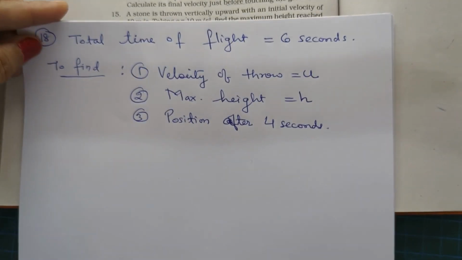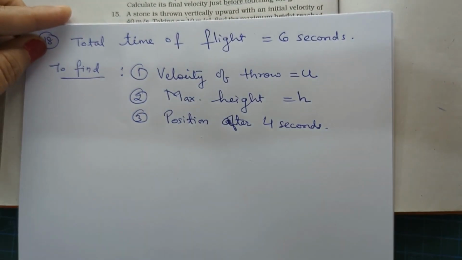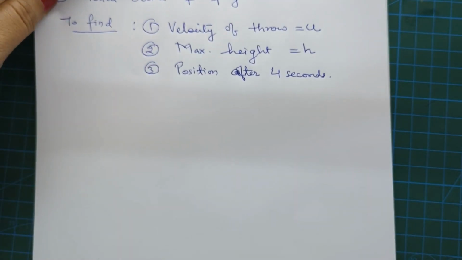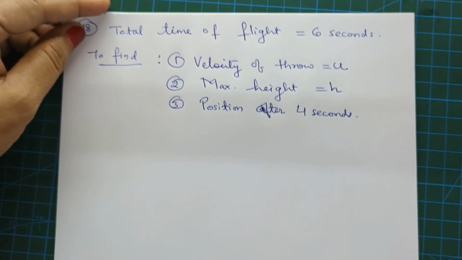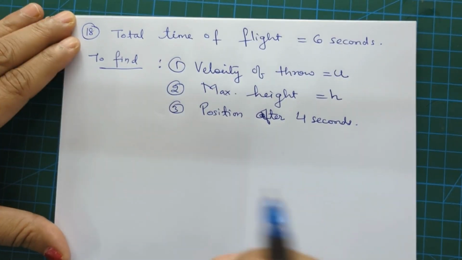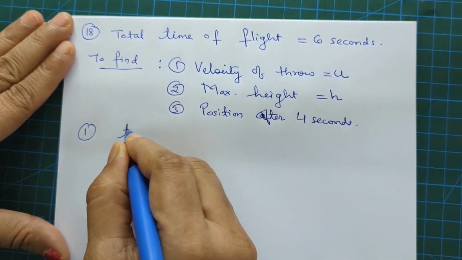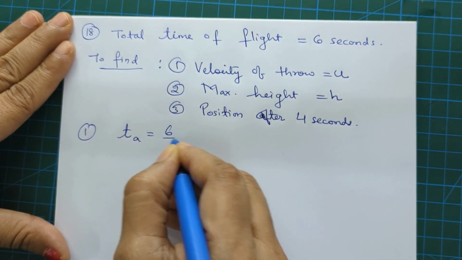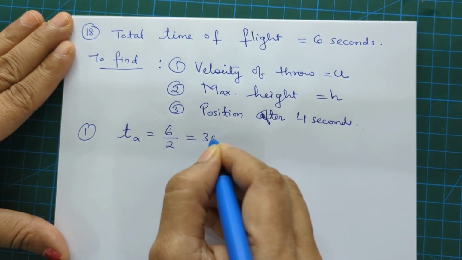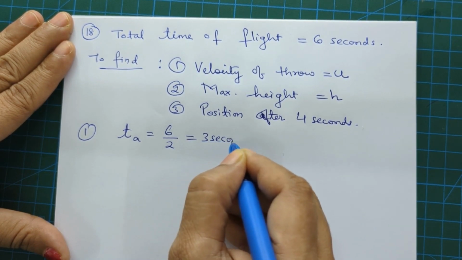So let's begin. Total time of flight is 6 seconds. Time of ascent is total time of flight by 2, that is 3 seconds. The same is time of descent also.